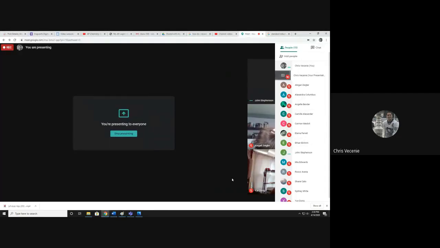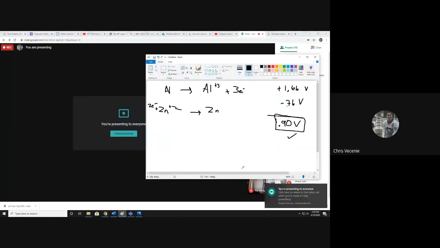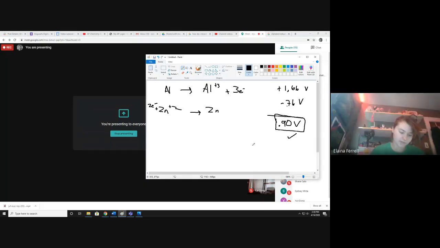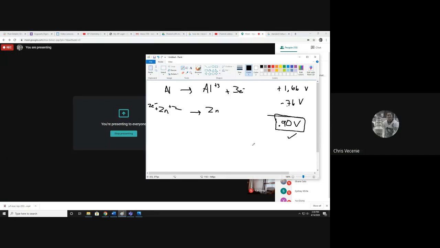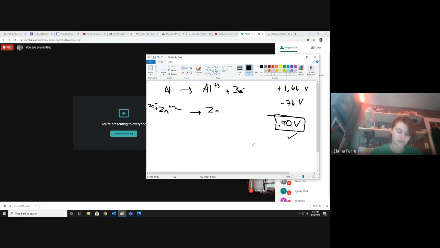Elena, do you remember what it means if you have a positive voltage? If you have a positive voltage, it means the delta G is going to be positive. Tell me why. Because the equation is delta G equals negative nFE.